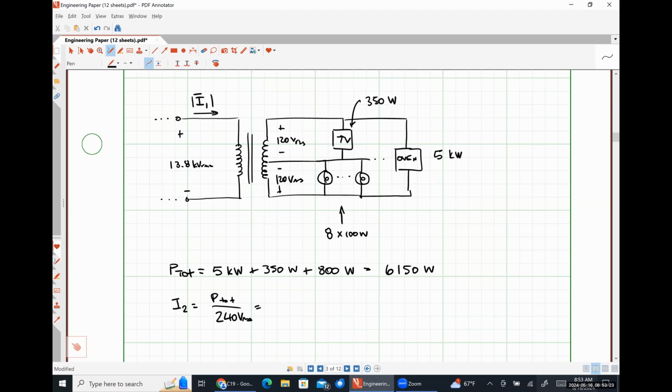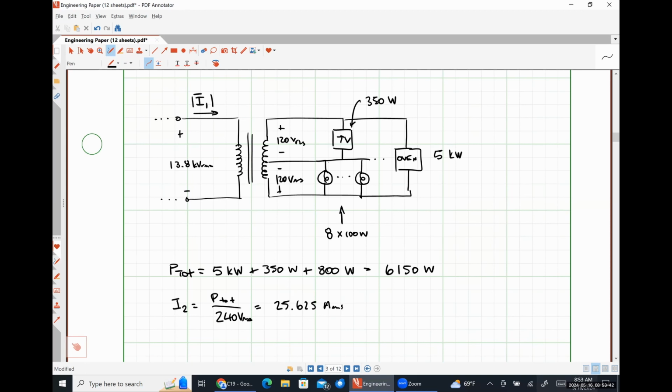So 6150 over 240 would look like 25.625 amps RMS.